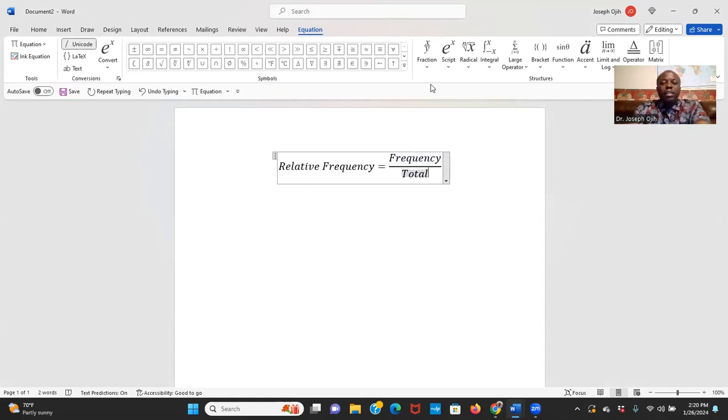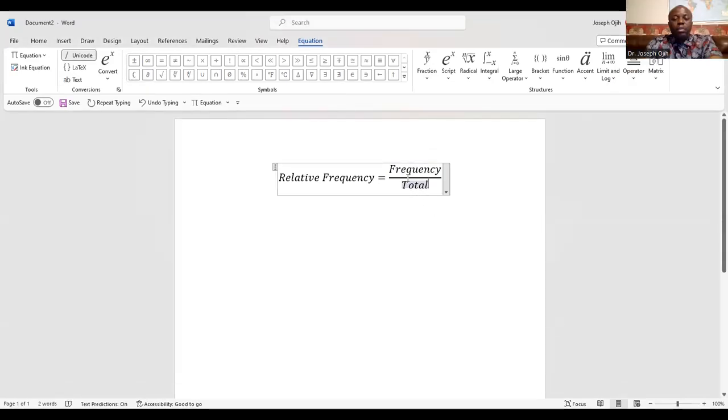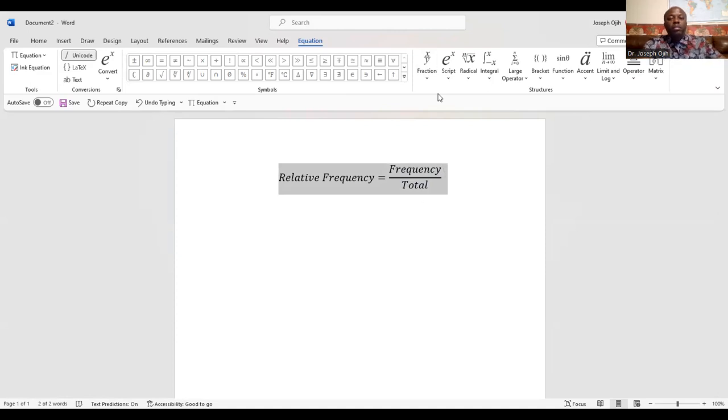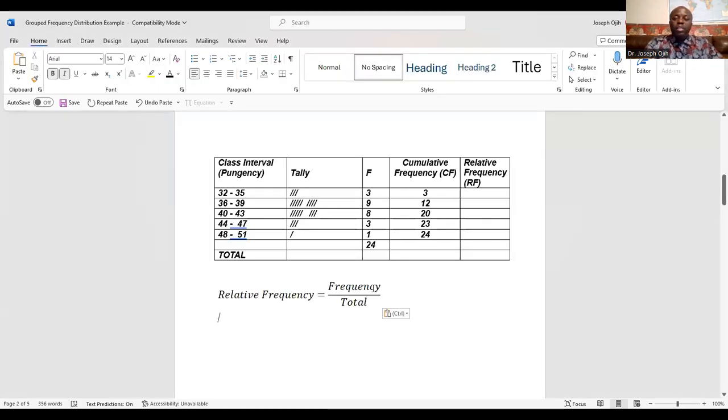It's a percent actually, but we put the decimal in the table. When we write the interpretation, we put it as a percent.